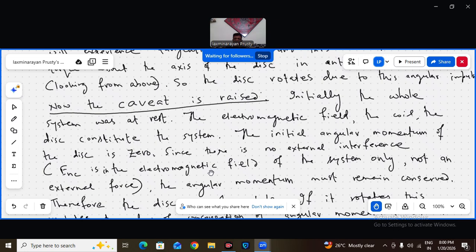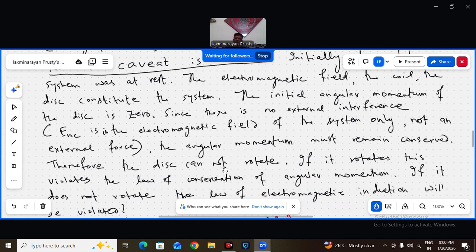The electric field is in the electromagnetic field of the system only, not an external force that's created because of the change of the electromagnetic field. So B is part of the electromagnetic field system. So this is part of the system, it is not an external one. The angular momentum must remain conserved. There is no external torque.